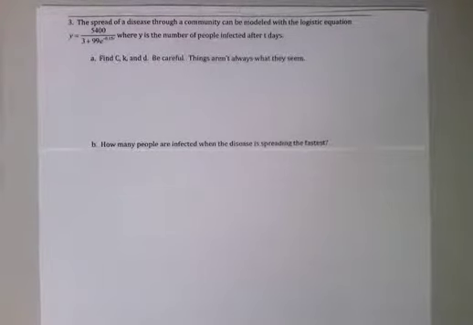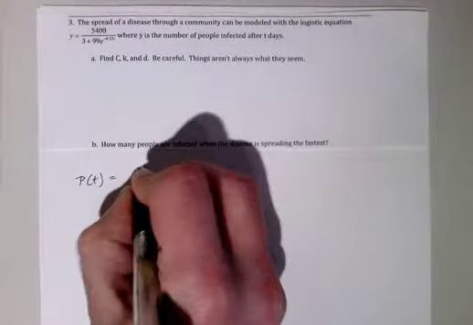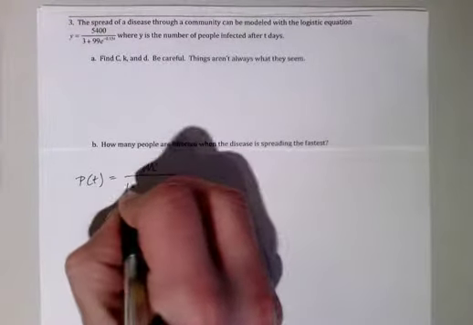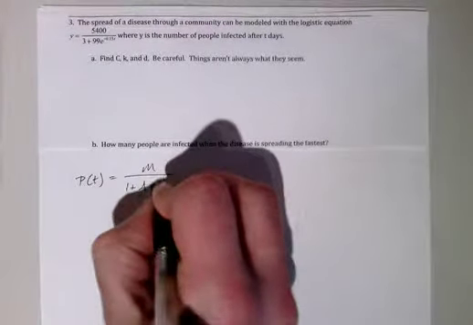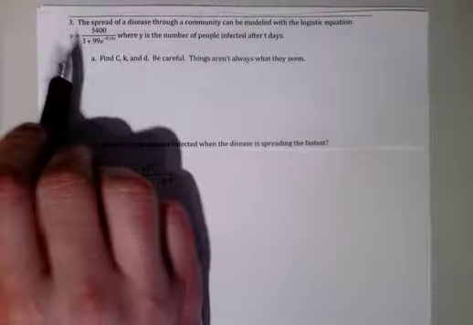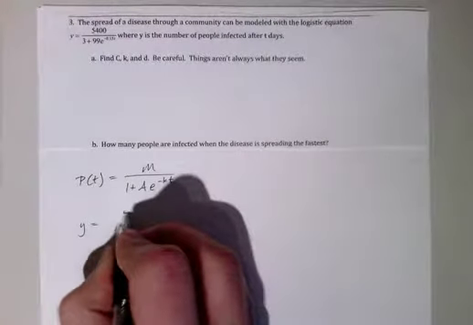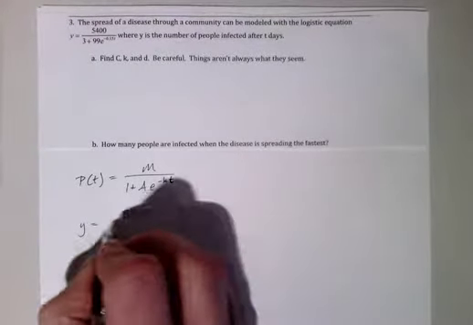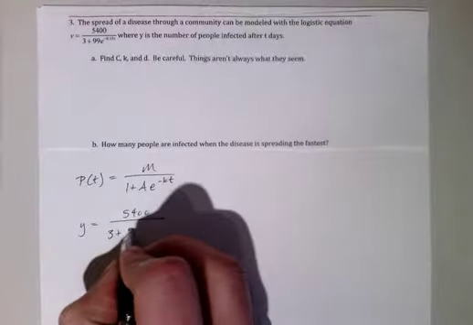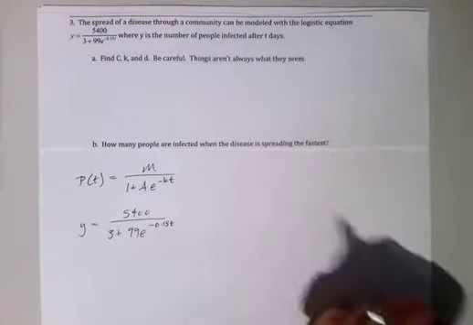Now, we need to be careful because our formula is P of t equals M over 1 plus A e to the negative kt. There has to be a 1 right here. There's not a 1 right there. We have y is equal to 5,400 over 3 plus 99 e to the negative 1.5t.